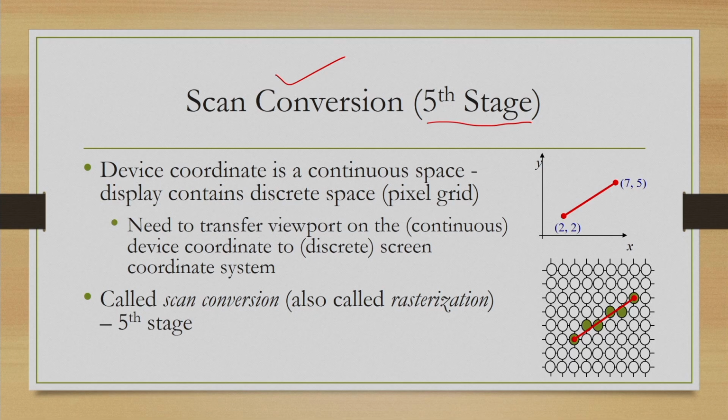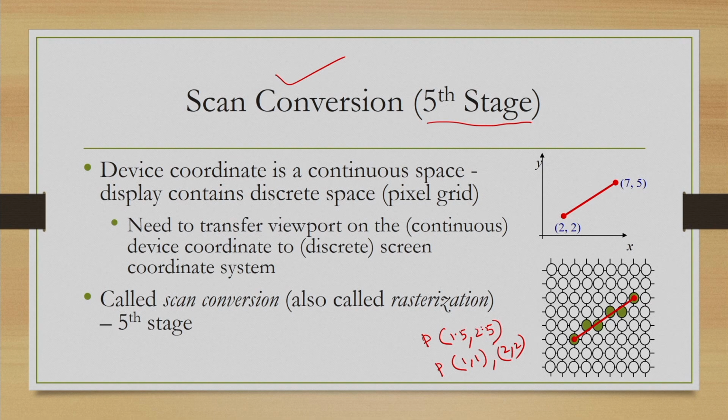So, we can have either a pixel located at 2, 2 or 3, 3 or 1, 1 or 1, 2, something like that, rather than the real numbers 1.5, 2.5. So, we cannot have a pixel location at say 1.5, 2.5, but we can have pixel locations only at integer values say 1, 1, 2, 2 and so on.